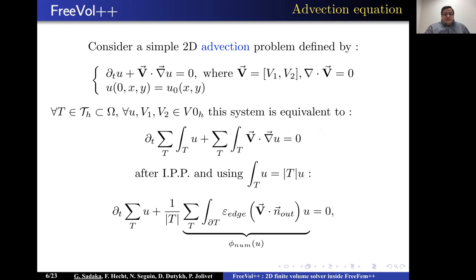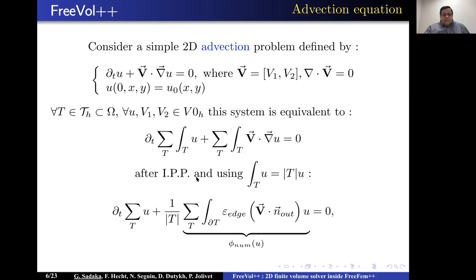We applied this to the advection equation in 2D, where V is a vector with divergence of V equal to 0. So we have this formulation: dt of the integral over T of u plus the integral over the boundary of T of u V·n equal to 0.